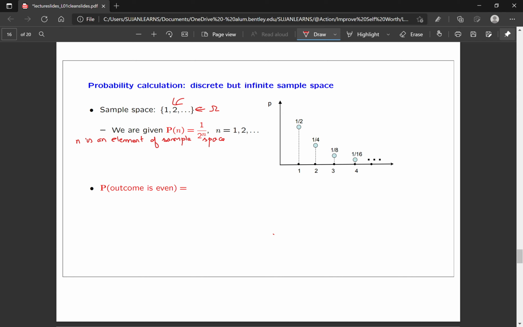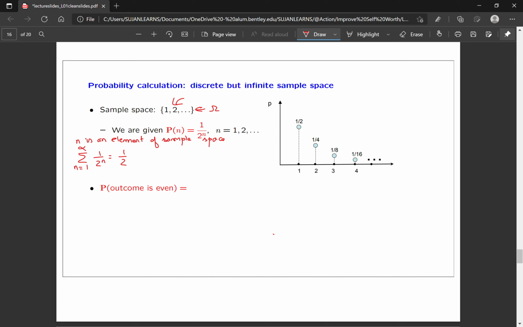Now we have to see whether this probability law makes any sense. One thing we can check is whether the probabilities sum up to 1. How do we do that? We are saying that the sum from n equals 1 to infinity, where the probability of each event is 1 by 2 power n.